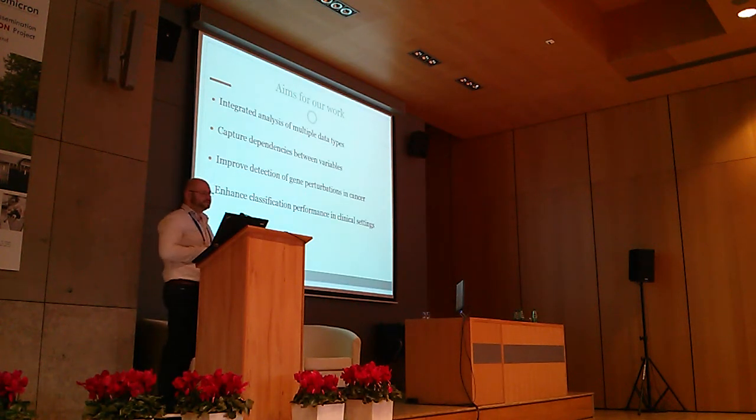In traditional analysis, data is often analyzed separately, and independence is normally assumed when combining individual results, for example using Fisher's method, which, as I have just shown you, is often not the case. We'd like to address that to improve detection of the perturbations in cancer, to better understand cancer's biology, to identify candidates, and to better discriminate healthy or benign samples from malignancies.